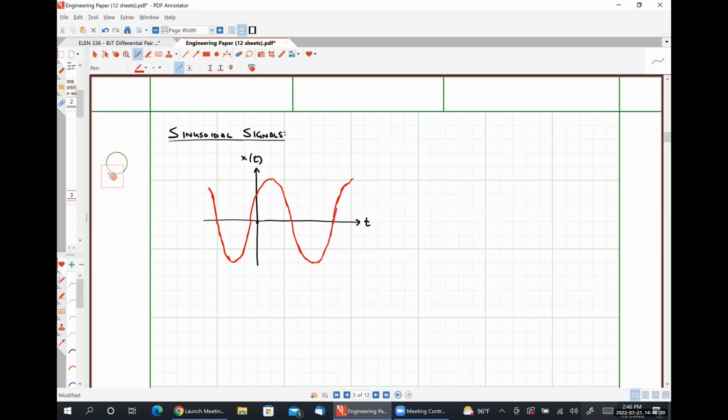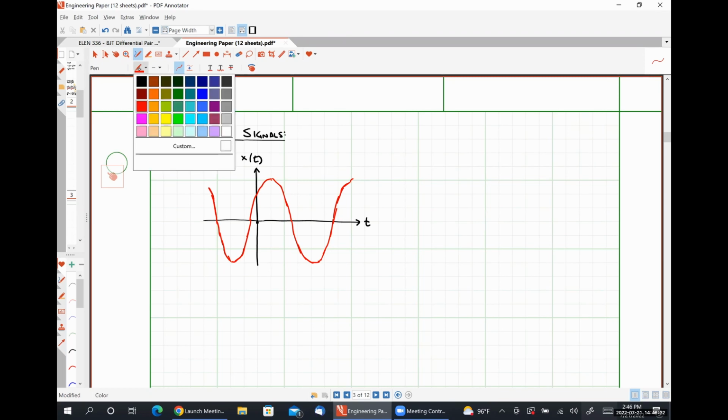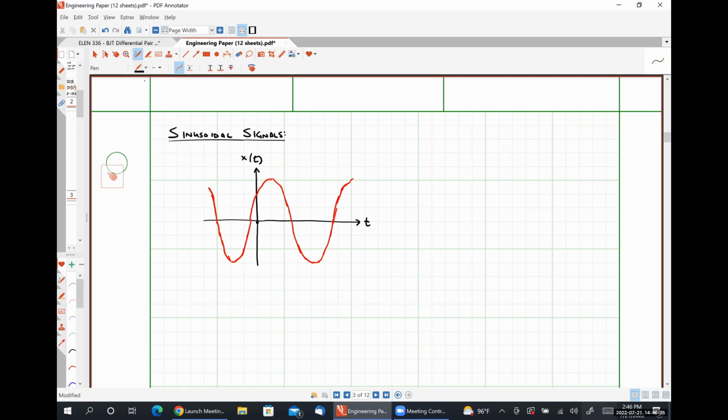All right, I have attempted to draw a sinusoid here. My apologies for its lack of symmetry. I'm honestly trying my best.